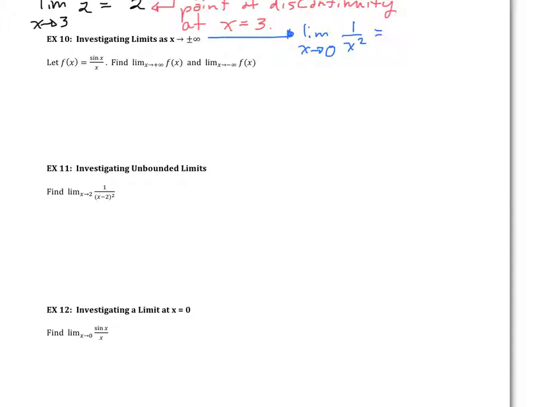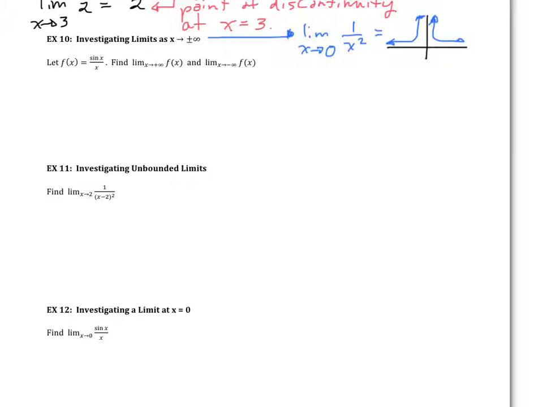If you put 1 divided by x squared into your calculator, you're going to get a graph that looks like this. Those are arrows on the end there. And so this looks just like that example 4b.